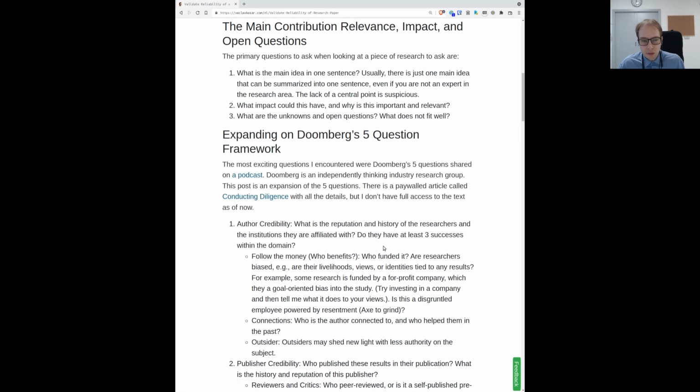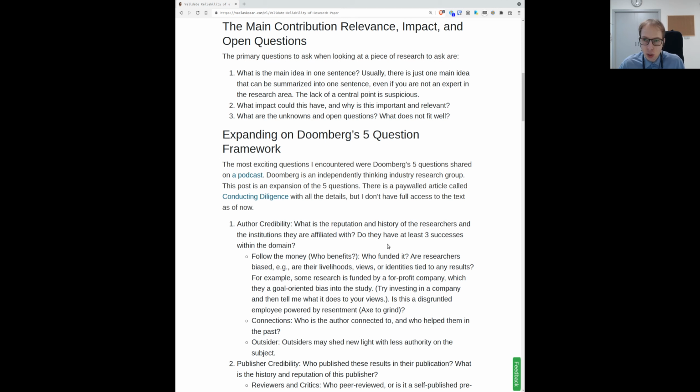So popular questions I saw around that are good to ask: what is the main idea in one sentence? Usually in the paper there is one main idea. Maybe sometimes there are 2 or 3, but there shouldn't be more. And it should be possible to summarize the main idea into one sentence very simply, such that even a non-expert could understand it.